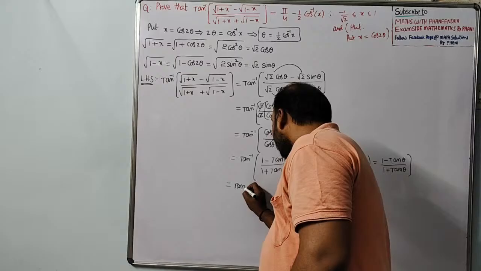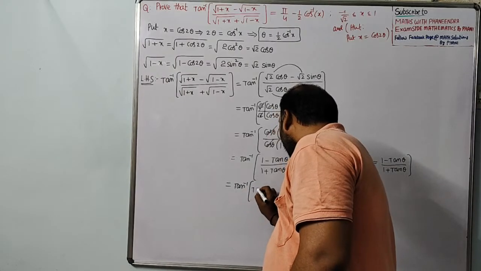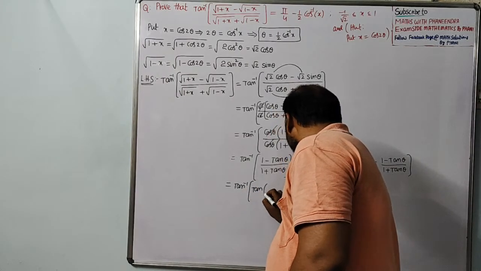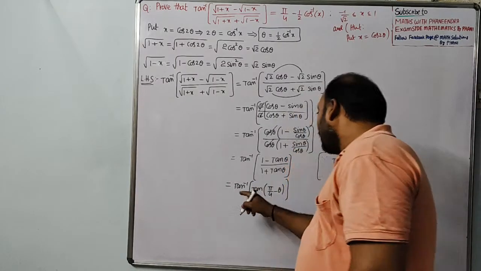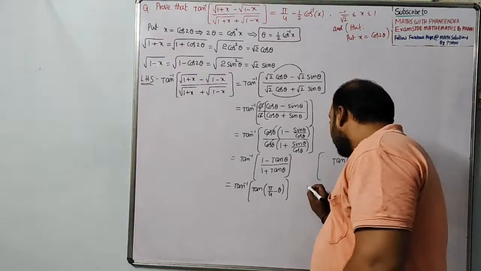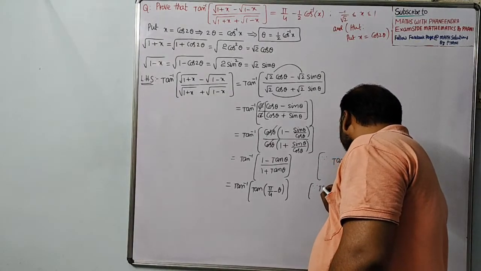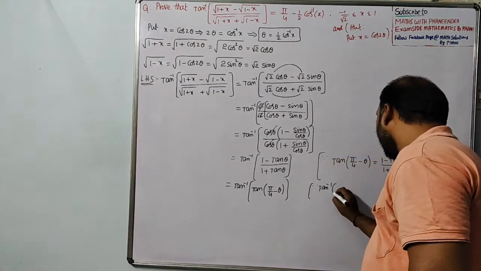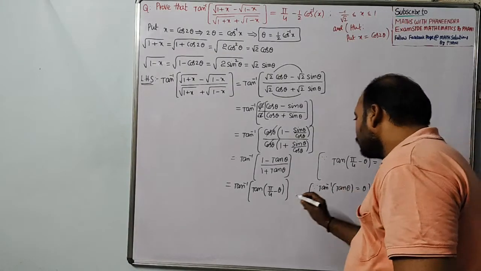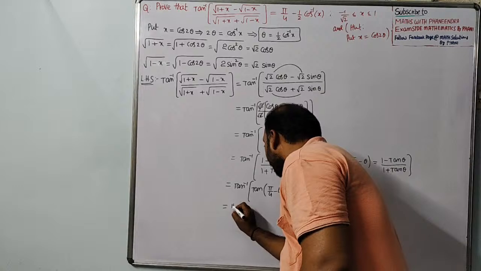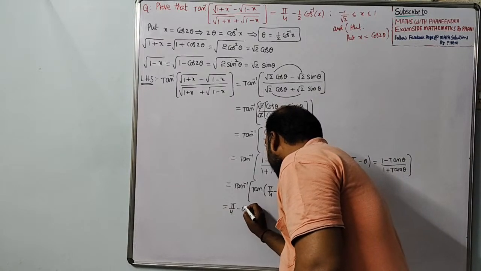So tan inverse of tan of pi by 4 minus theta. Tan inverse of tan theta is equal to theta. So you will get here pi by 4 minus theta.